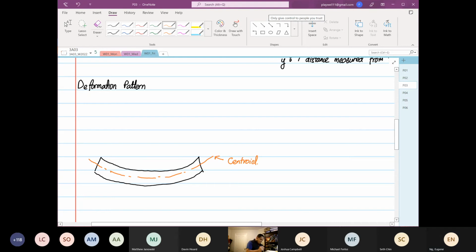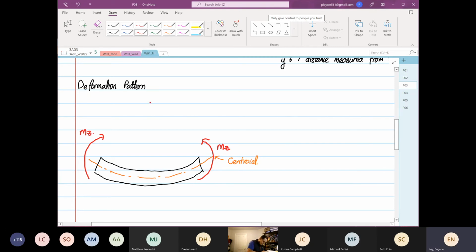and based on how the structure has been deformed, we know that the moment vector will be in this direction. And then it's a coupled moment. And then I'm going to call a point.